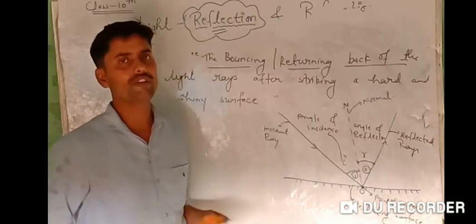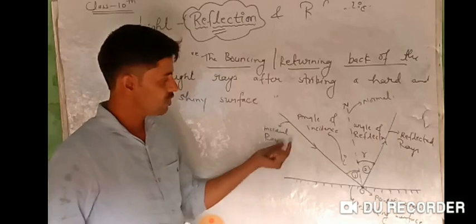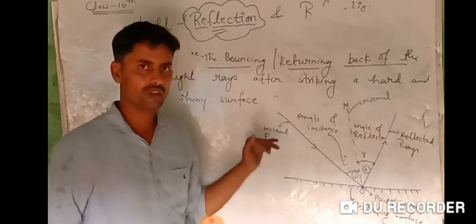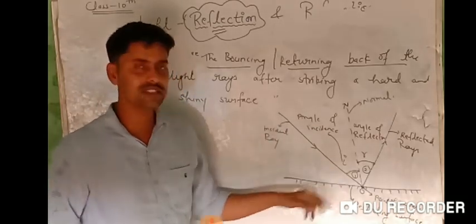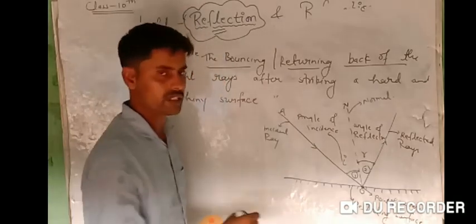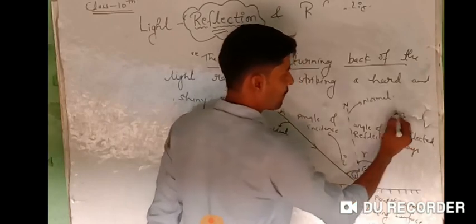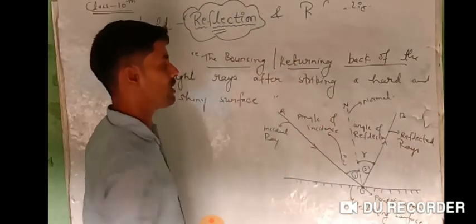Now, what is the angle of incidence and what is the angle of reflection? You are seeing two lines here. The first one is the incident light ray AO, and the second one is the reflected light ray OB, and this is ON, that is the normal.